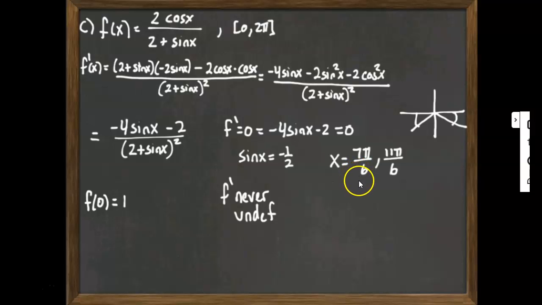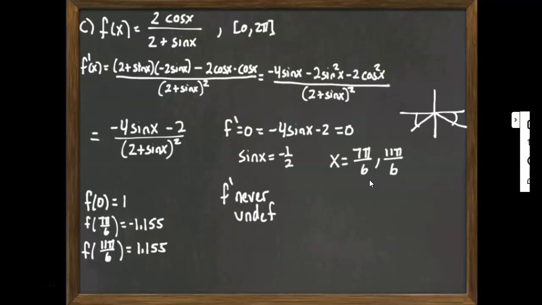And we do the same thing with the other two. We could get exact answers, but I'm just going to go with approximate answers here. So when I plug 7 pi over 6 in, I'm going to get the decimal negative 1.155. And when I plug 11 pi over 6 in, I'm going to get the decimal positive 1.155.